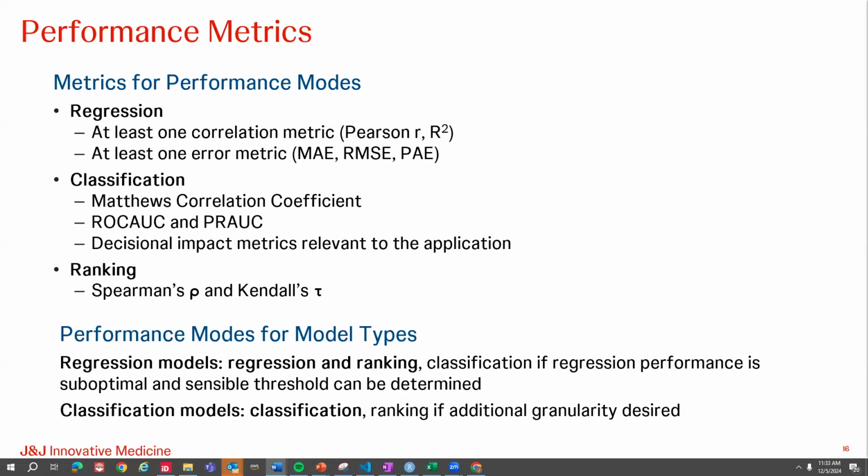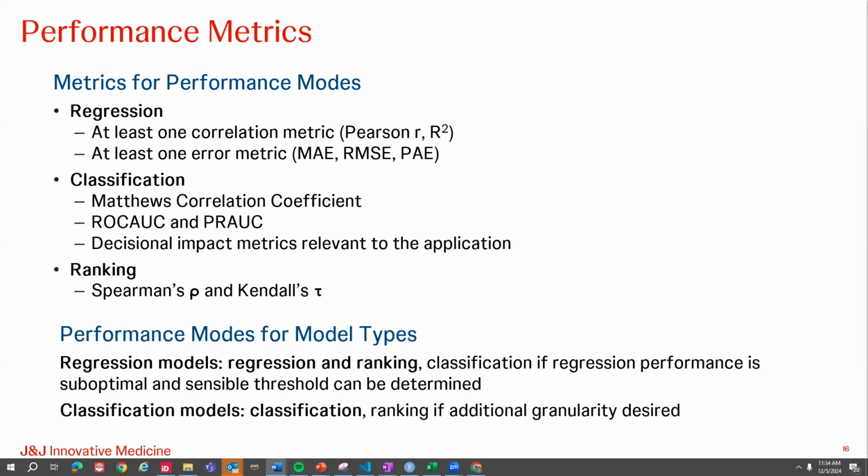For classification, it's important to keep in mind that data sets in drug discovery are often highly imbalanced. So we recommend metrics that handle that imbalance well. We recommend Matthews correlation coefficient, which balances positive and negative classes. That's useful if you place equal importance on the classes.